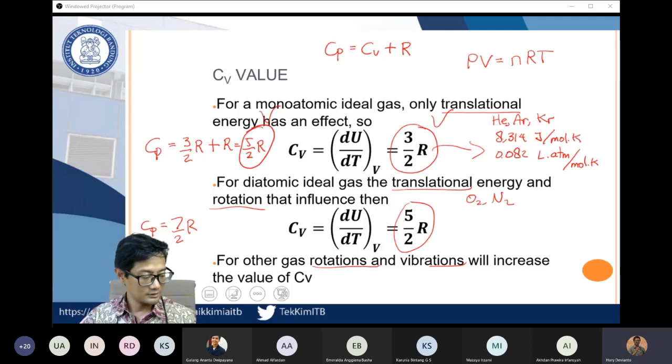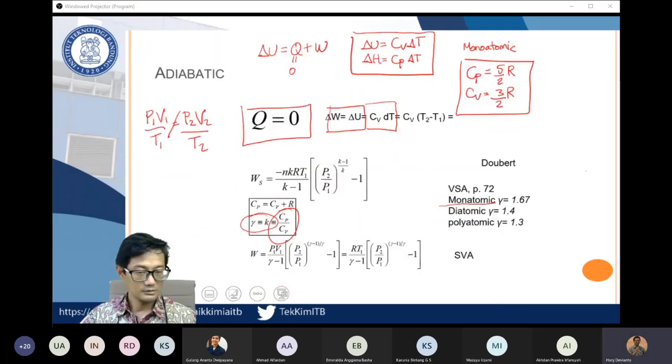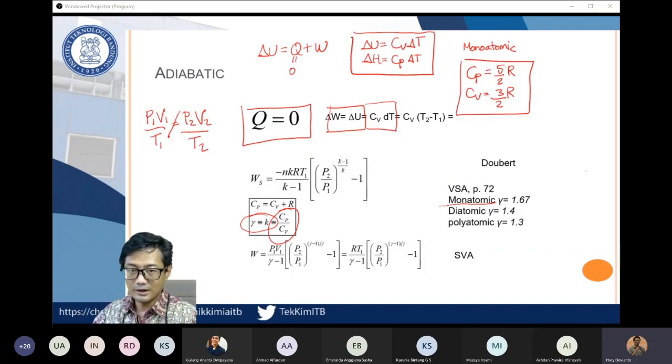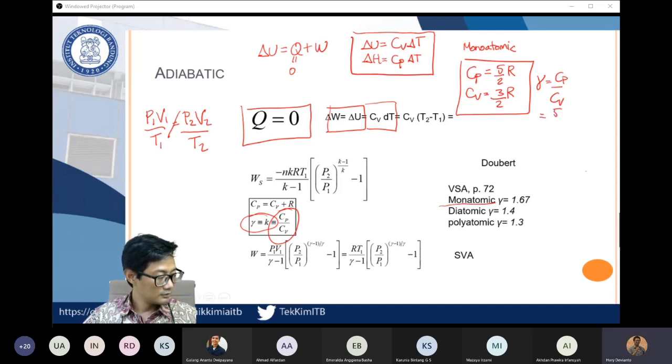Now let's return to this one. It's the same, right? Cp is 5/2 R and Cv is 3/2 R. From here, we can predict the value of gamma. Gamma is equal to Cp over Cv, which equals 5 by 3, or 1.67.